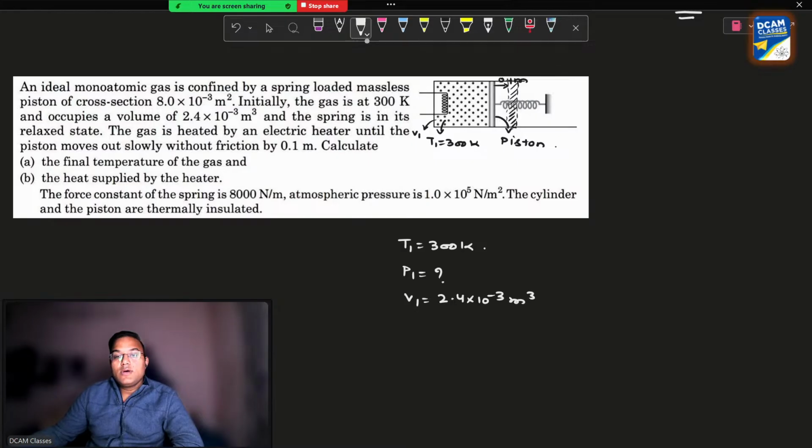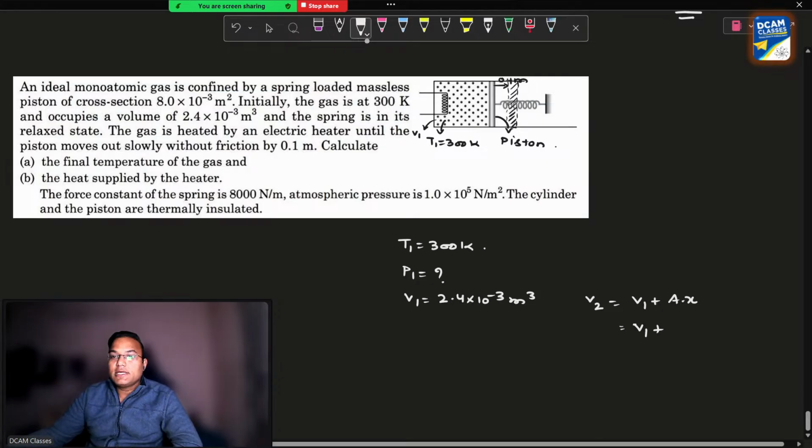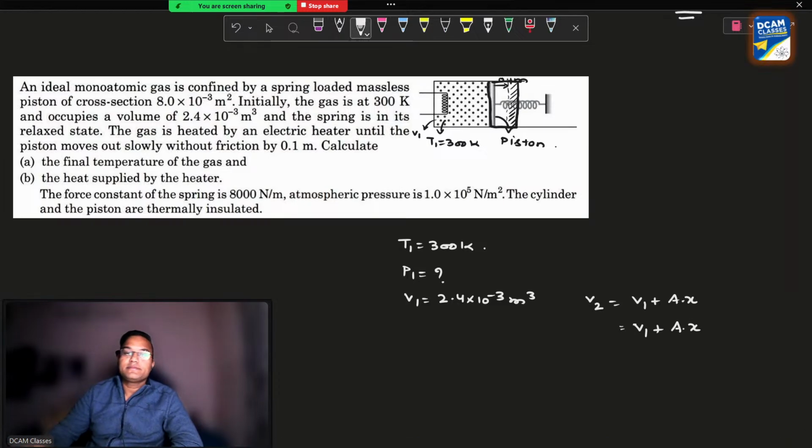After it's heated, the volume has become V2, which is V1 plus A into X. What will be the volume of this part by the distance it has expanded? A into X, the cross-section area into the displacement X, right, Eva?